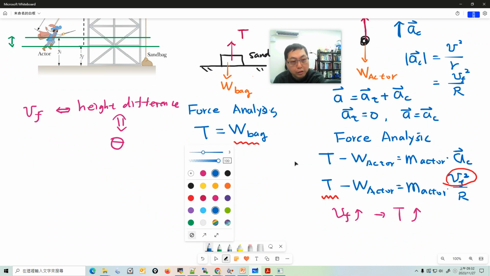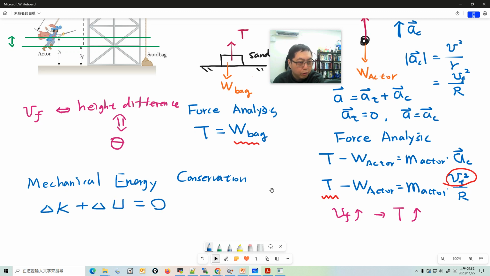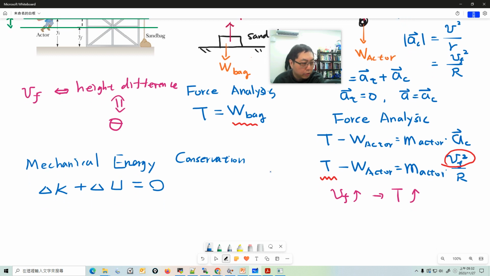In this problem we ignore friction and there is no external work done on the system, so it's mechanical energy conservation. In mechanical energy conservation, what's the formula? Delta K plus delta U is equal to 0. More specifically, it's the kinetic energy difference between the final state and initial state, and the potential energy difference between the final state and initial state.